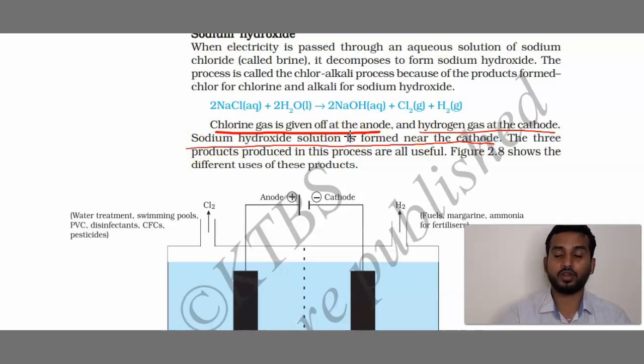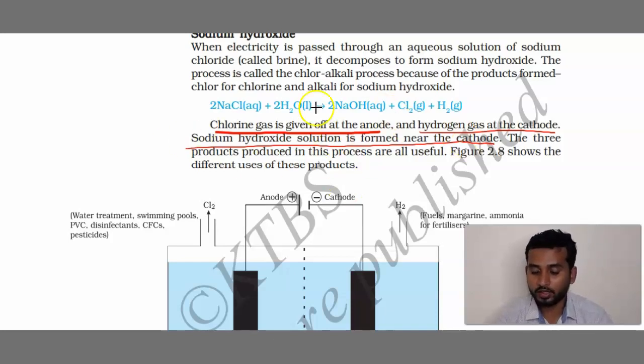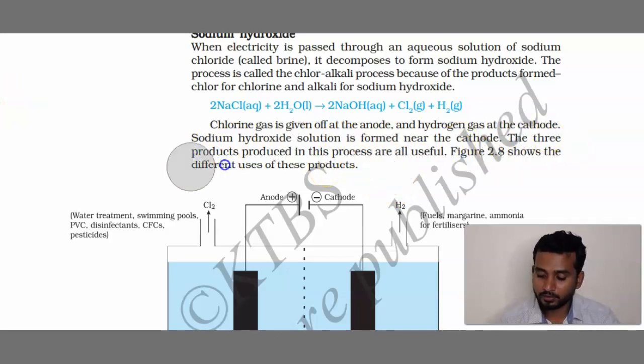They will ask you the products formed by using the chloralkali process. So name the products which are formed, and write where they are formed. So this point is very, very, very important. Got it? Okay.